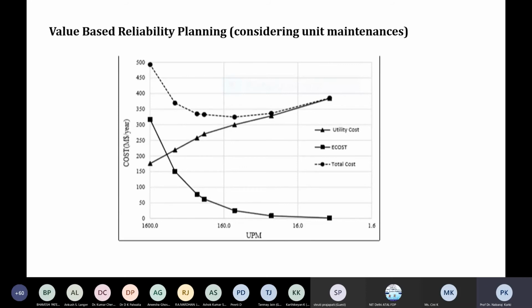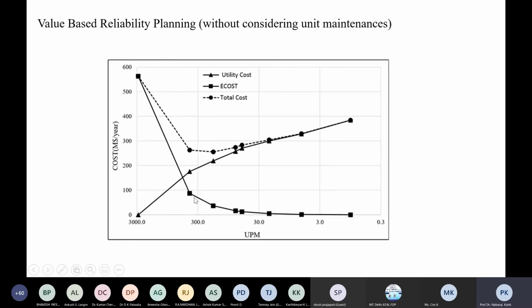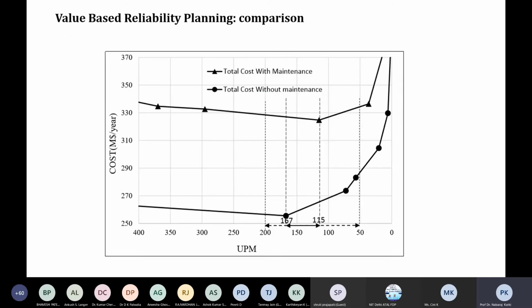When the unit maintenance is not considered, the UPM value is lower. When the unit maintenance is considered, the UPM value is higher. When we consider unit maintenance, we need to keep a higher reserve margin, so the cost will be higher. When we do not consider maintenance, we do not have to keep a higher reserve margin, therefore the cost will be lower.